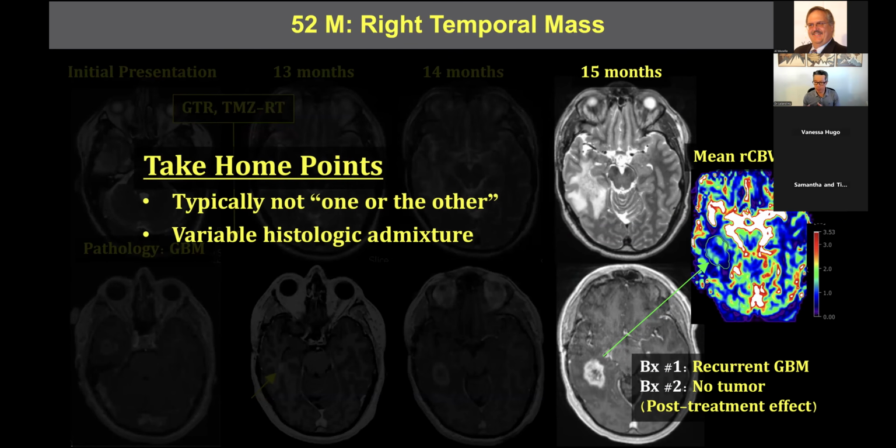The first is that even based off of biopsy confirmation, these lesions are not typically one or the other, meaning we can't look at a lesion and say, oh, that's all tumor or it's all post-treatment effect, because they're oftentimes a variable histologic admixture of both.